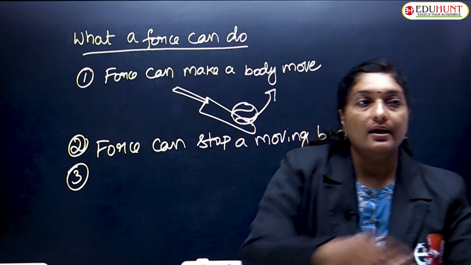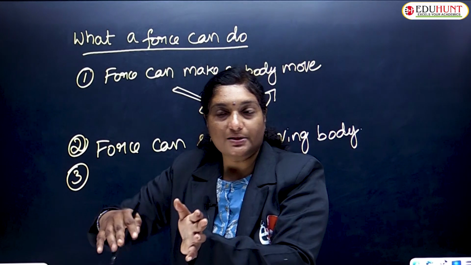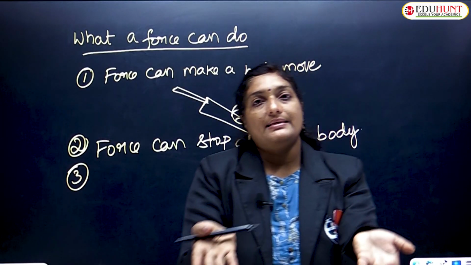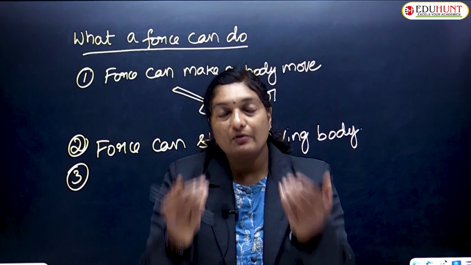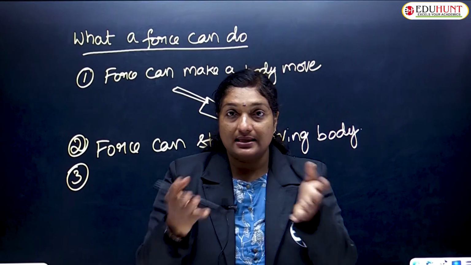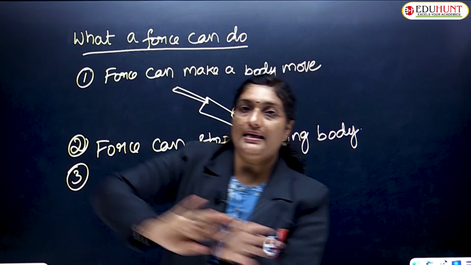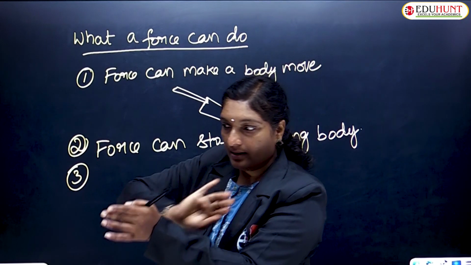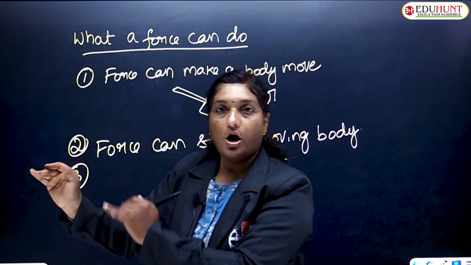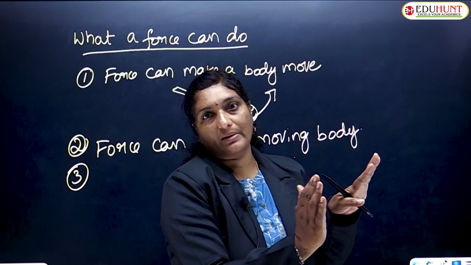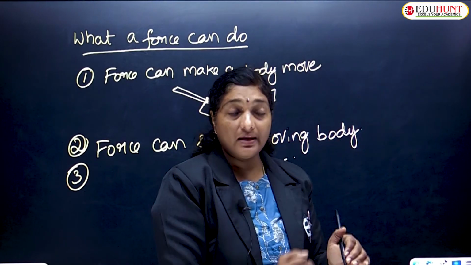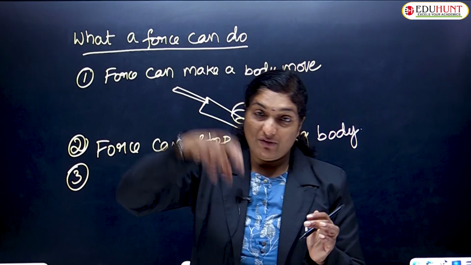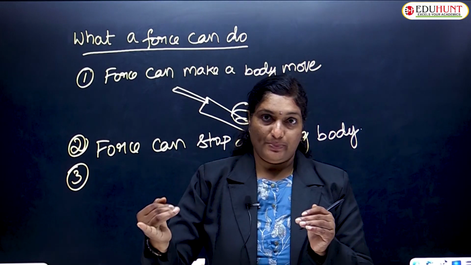Similarly, if a bicycle is moving with large speed and you apply an opposing force, you can decrease its speed. We can either increase the speed by giving a forward push, or stop the moving bicycle by giving a backward push. Before it stops, we are decreasing its speed.